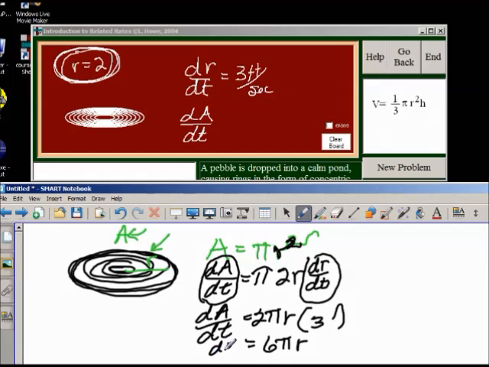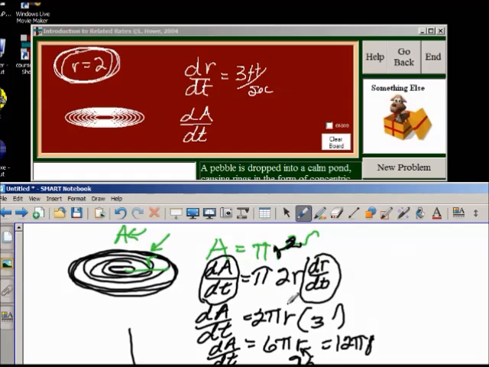So dA/dt is 6 pi r. Now plug in that r is 2, and we get 12 pi feet squared per second.